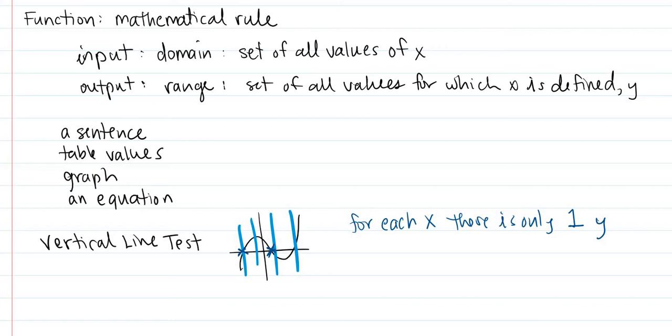Now notice, looking at this diagram, and again, I'm just making up these numbers, but if I put in -5 for x, it looks like I get 0 for y. And if I put in 1 for x, it looks like it gets 0 for y. So it's okay that y is the same value for 2 different x's, but x can't have 2 y values.